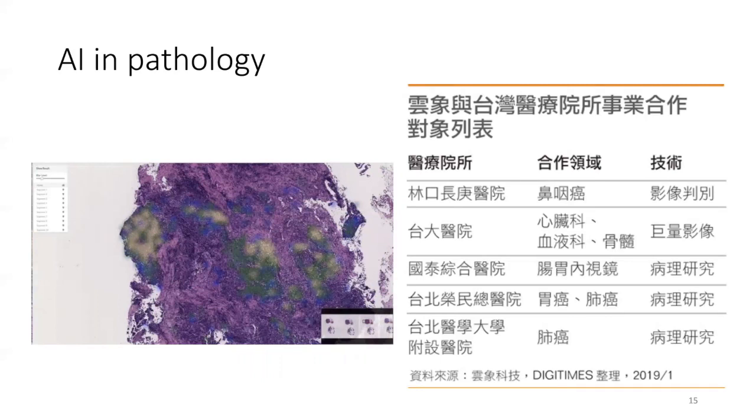As you know, most AI development is based on image recognition, and in clinical practice, pathology diagnosis is mainly based on images, so it's intuitive that using AI and image recognition technology for pathology is very important.